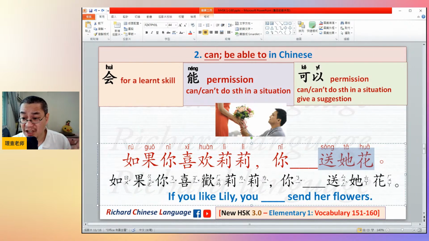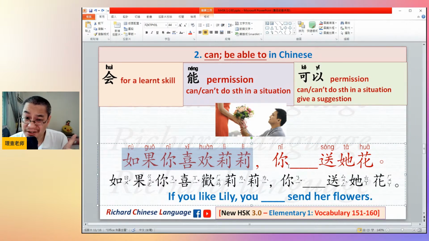When you say if you like Lily, 如果你喜欢丽丽 then I'll give you one suggestion. I'll give you advice. This advice is why not give her flowers?